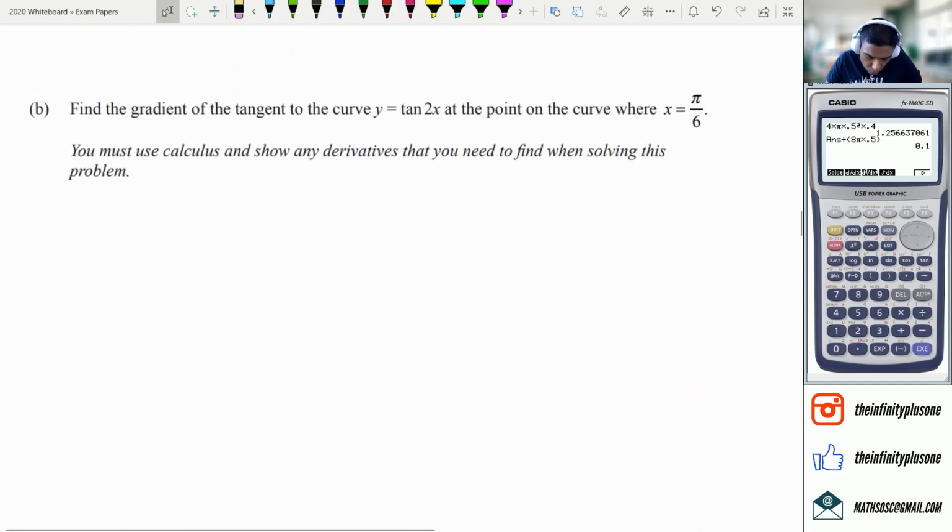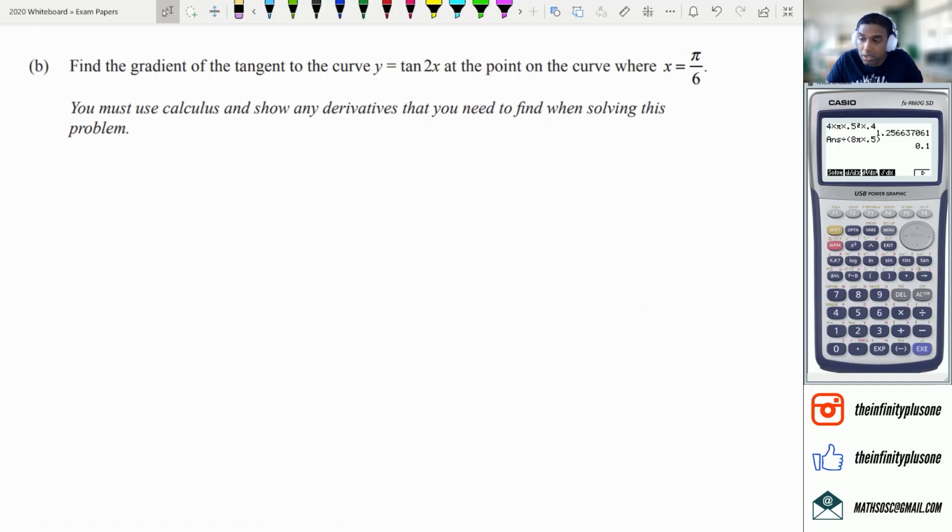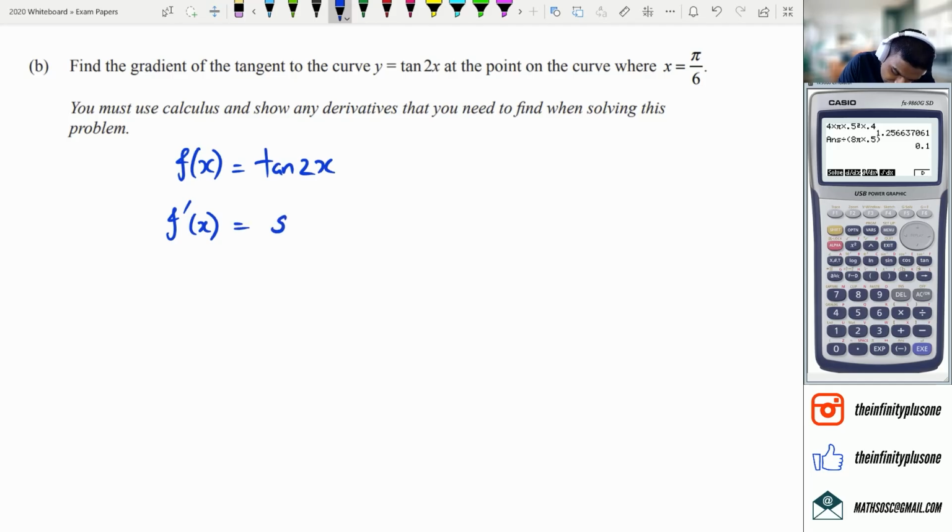So with the next question, we've been asked to find the gradient of the tangent. So again, we're not finding the equation, just finding the gradient of this particular curve at pi over 6. So I'm going to write down f of x is equal to tan 2x. So when I differentiate tan, I'm going to get sec squared 2x.